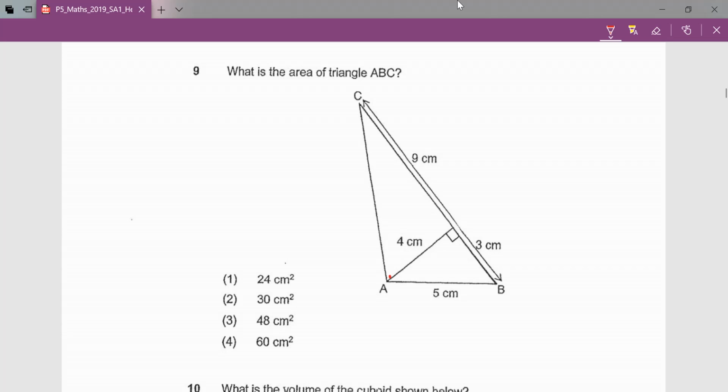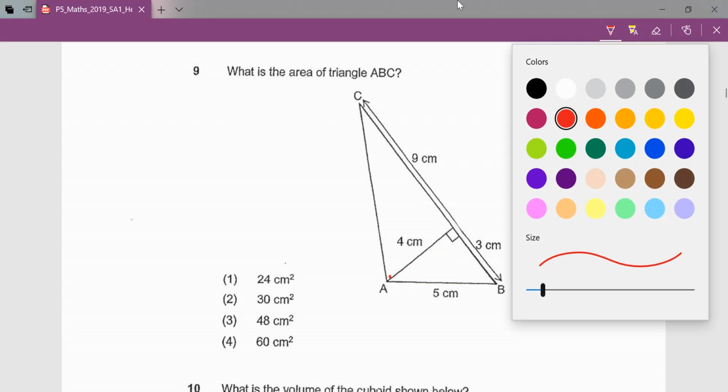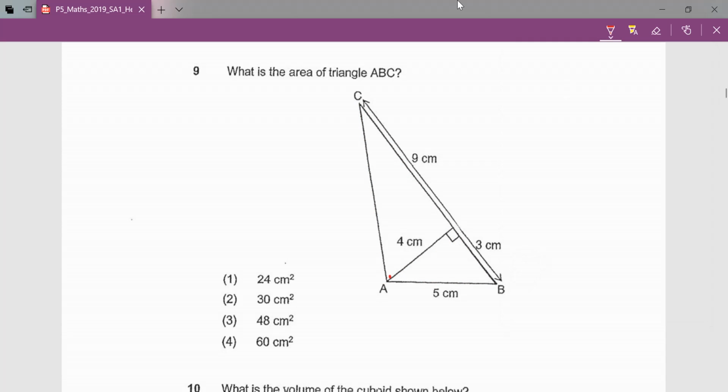Next question, what is the area of triangle ABC? As you can see, this is a composite figure, which means it's comprised of 2 items. You have this triangle and you have this triangle. Alright, it's very ugly, so I'm erasing it away, and I'm going to make the pen sharper. This one, okay? The area will be half times base, which is 3, times height, which is 4.